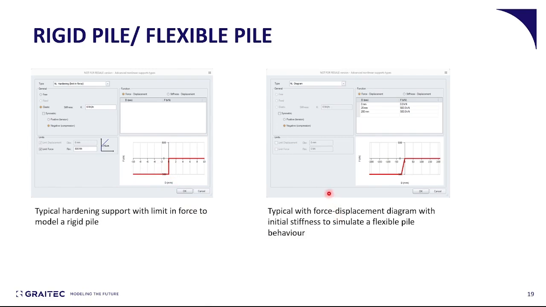On the right hand side, we see a typical force displacement diagram option as an advanced support, with an initial stiffness in order to simulate the behavior of a flexible pile in this case. Again, we see here the initial stiffness that exists, which basically means that some movement is allowed before the capacity of the pile is reached.